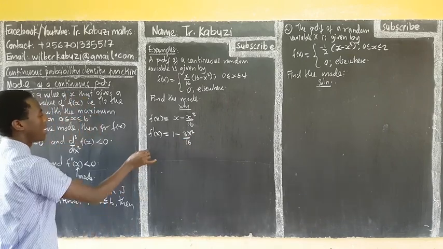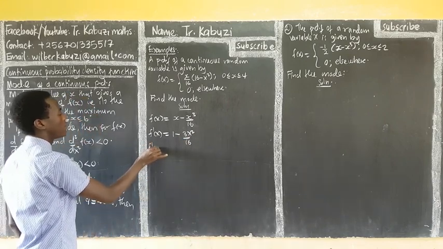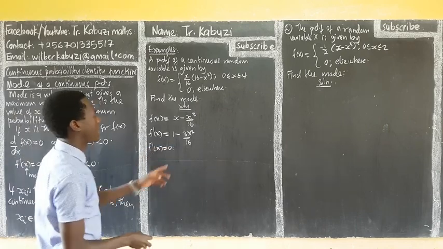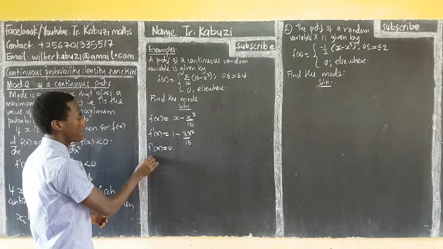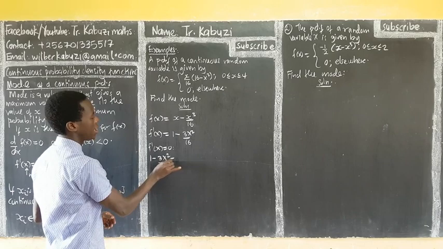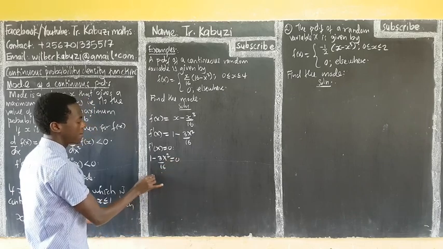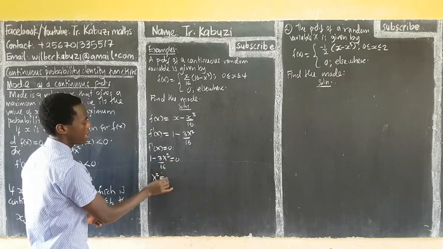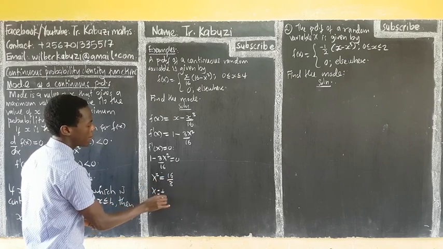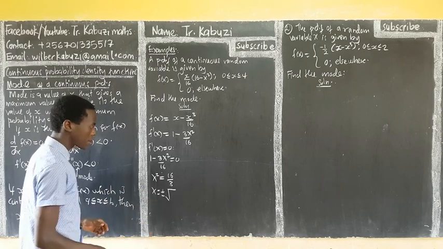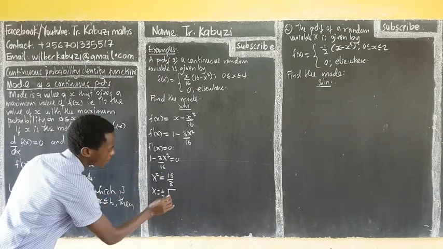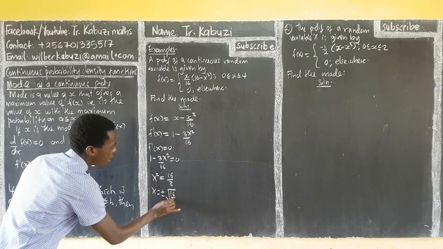We say f prime of x is 0. So setting this to 0, I have 1 minus 3x squared over 16 equal to 0. And from there my x squared will be 16 over 3, and so my x will be plus or minus the square root of 16 over 3.